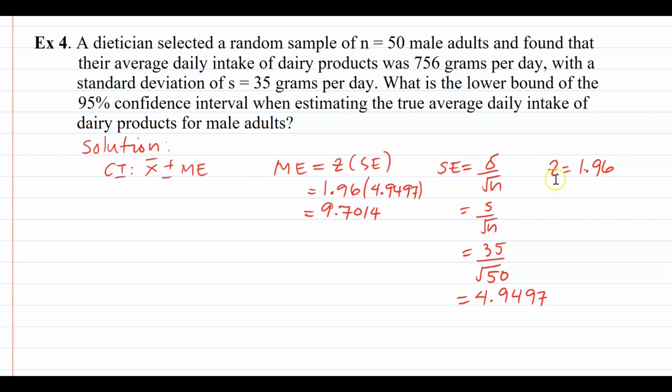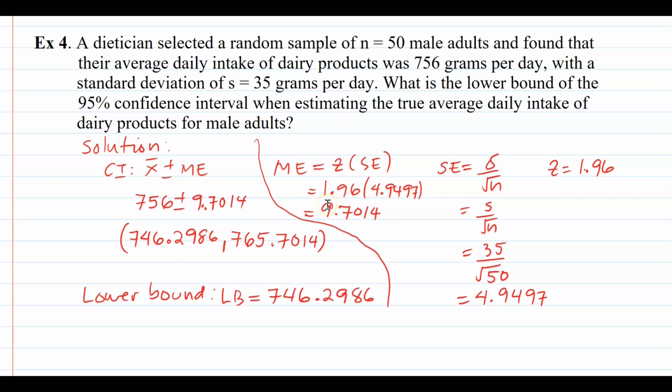So now that we have the Z value and we have the SE, we can substitute that here and calculate the ME. So our ME is equal to 1.96 times 4.9497, and this gives us 9.7014. So this is the value of the ME.